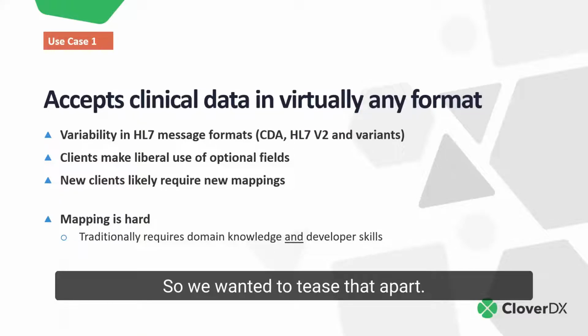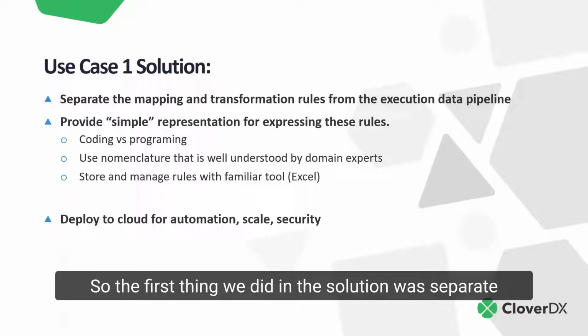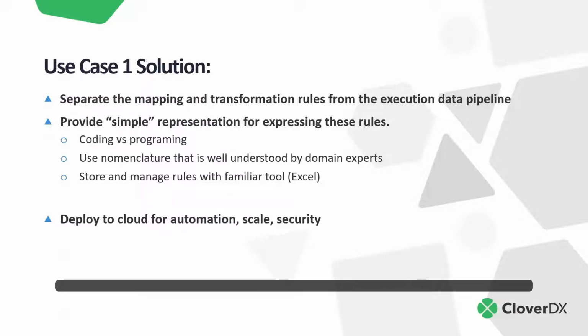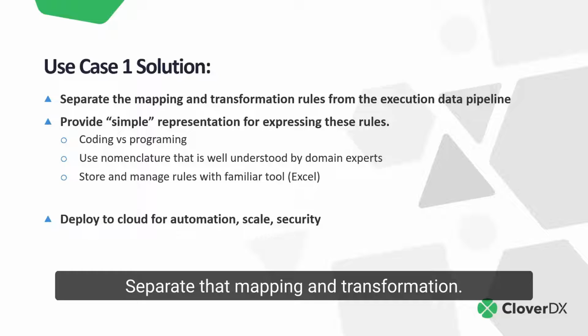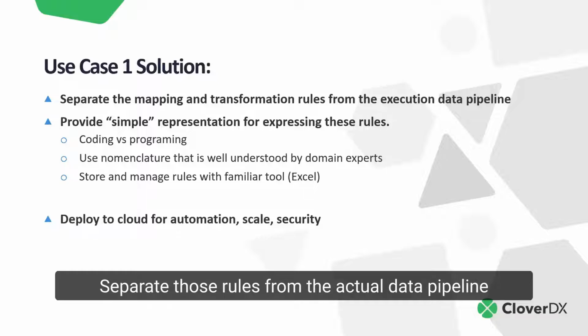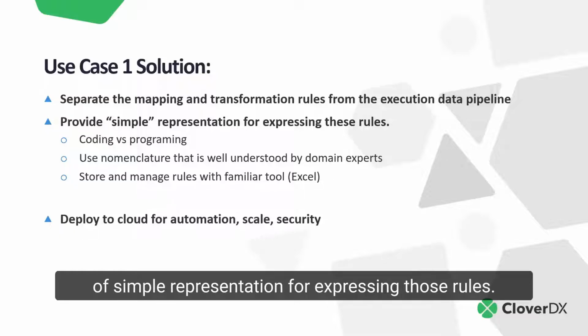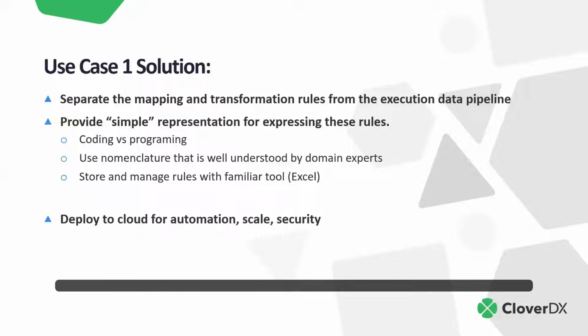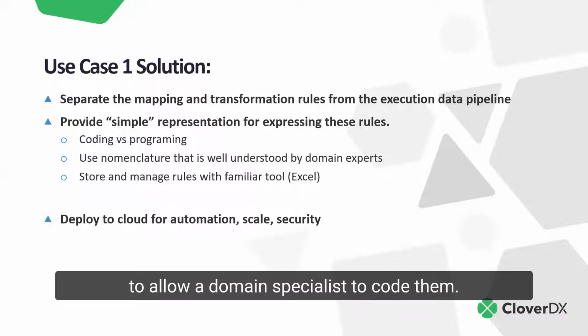So we wanted to tease that apart. The first thing we did in the solution was separate that mapping and transformation, separate those rules from the actual data pipeline itself. And once separated, then provide some simple representation for expressing those rules, to allow a domain specialist to code them.